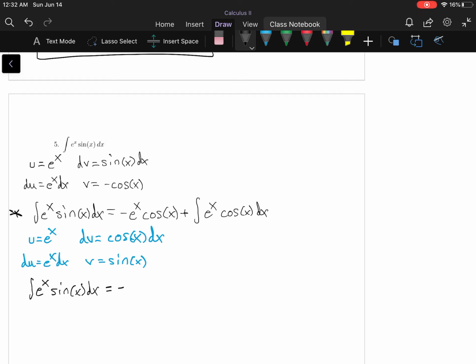We know that's equal to negative e to the x cosine of x plus, and now according to integration by parts, this integral is u times v, so that's going to be e to the x sine of x minus the integral of v du, which is e to the x sine of x dx.